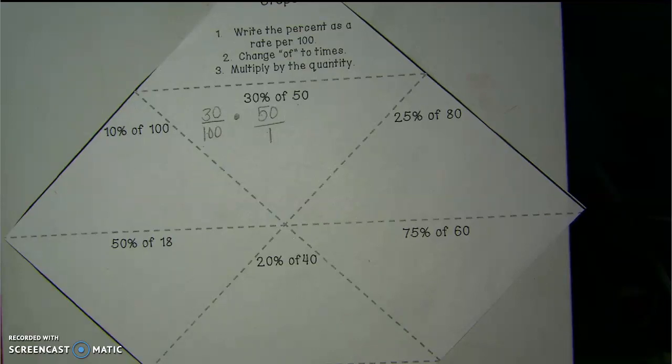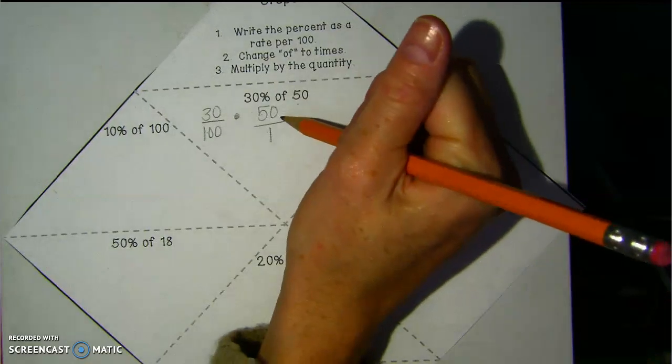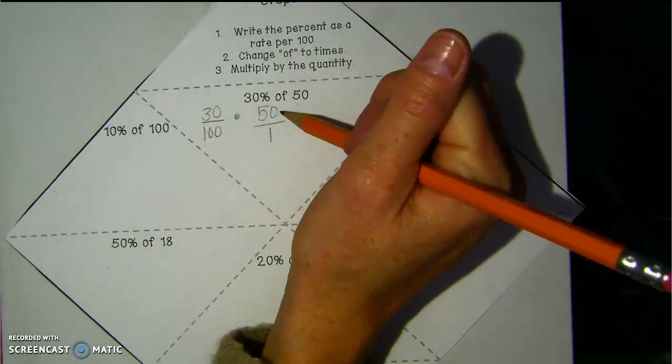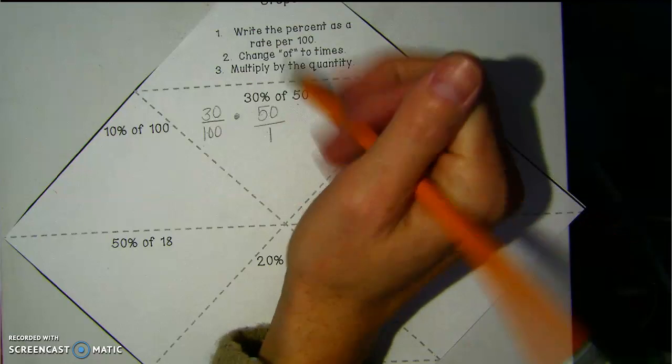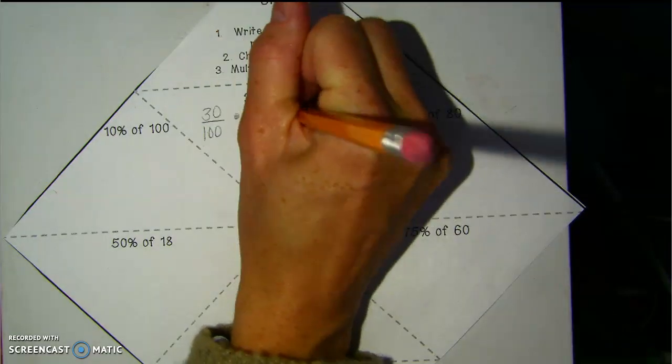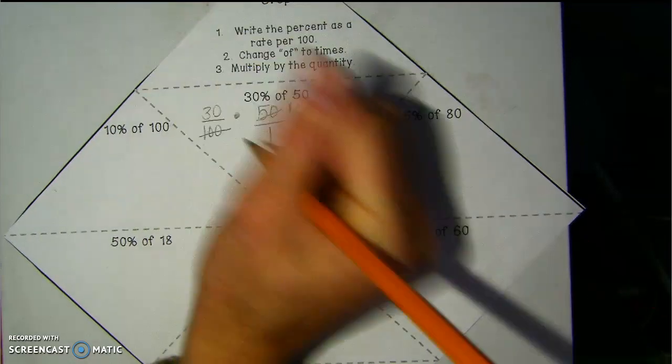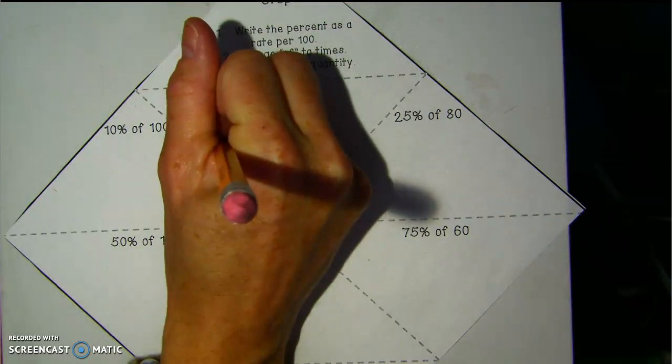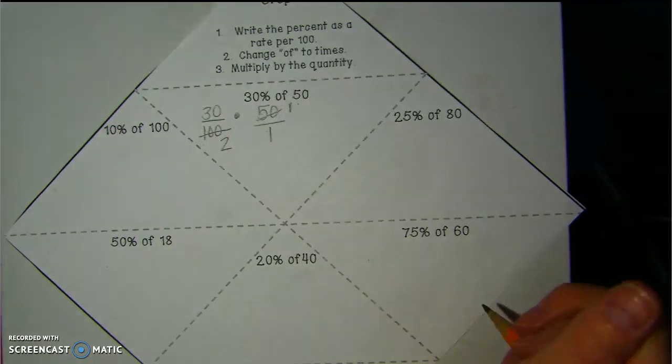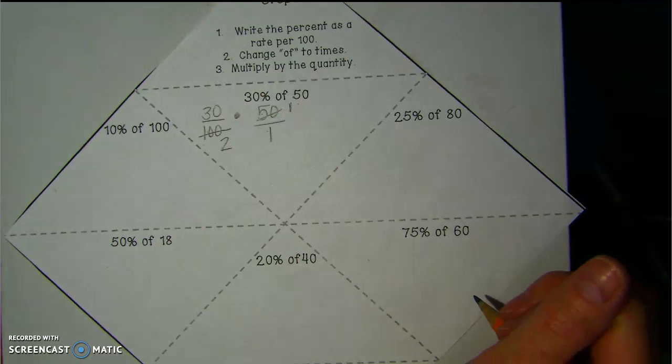Can 50 go into 100? Yeah. Can 50 go into 50? Yes. So 50 divided by 50 is 1. And then 100 divided by 50 is what? 2. Good. So go ahead and work that out.